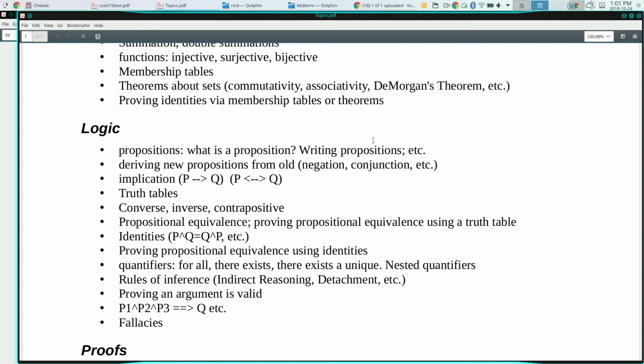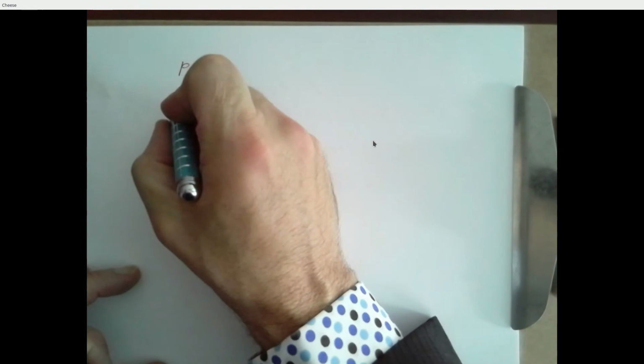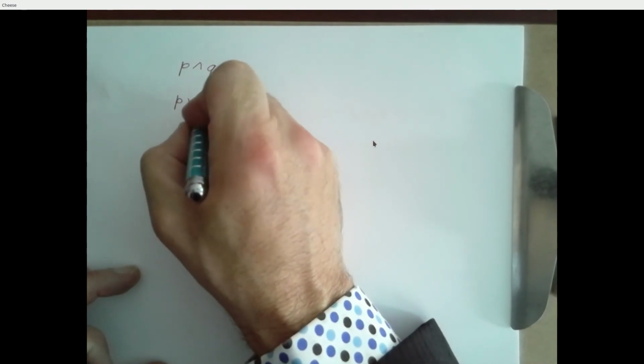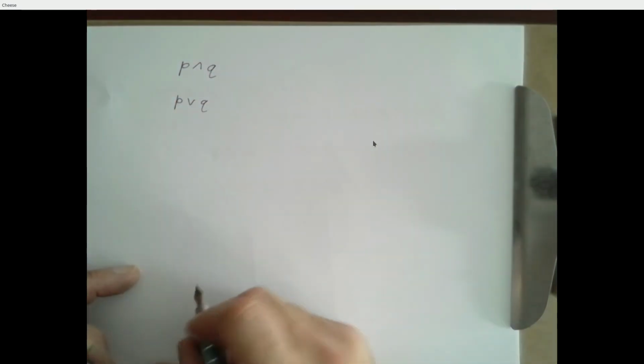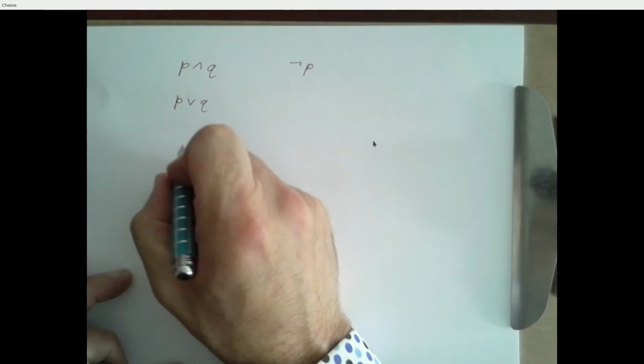So mostly we derive new propositions from old, and this looks a lot like set theory. So we can take propositions P and Q, and we can take their conjunction, which means and. We can take their disjunction, which means or. We can take the negation, which means not. We can combine these.